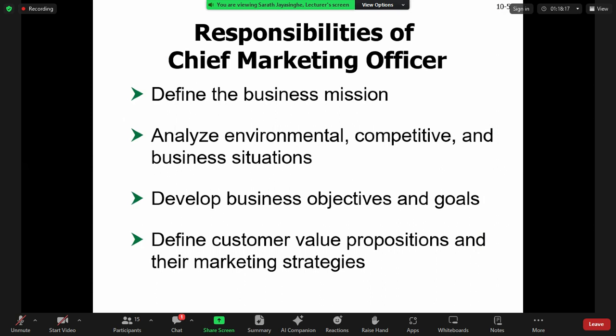Others are owners. They have not done anything like that. Then you have to define the business mission and analyze the environment, competitors and business. Everything you have to do, and then go for the marketing strategy. That depends on your organization. That is why we are considering everything within one model.